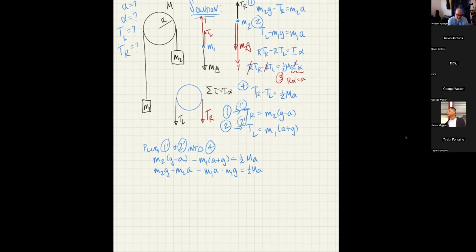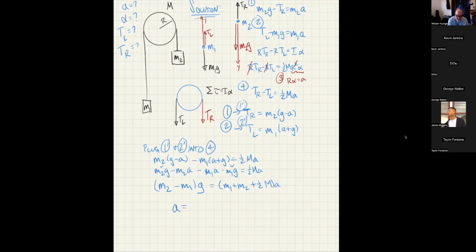So M2 minus M1, times G, is equal to, pulling M1A and M2A to the right-hand side where they become positive, M1 plus M2 plus 1/2 M, all times A.